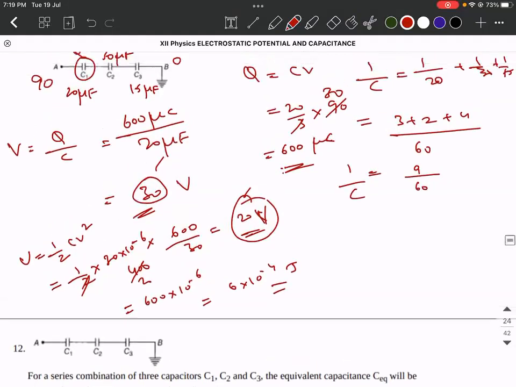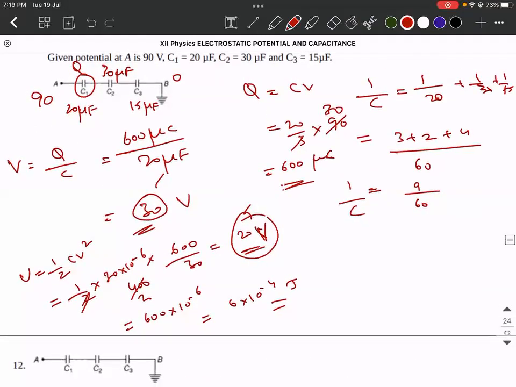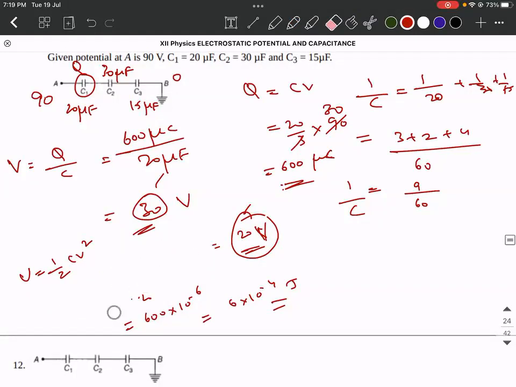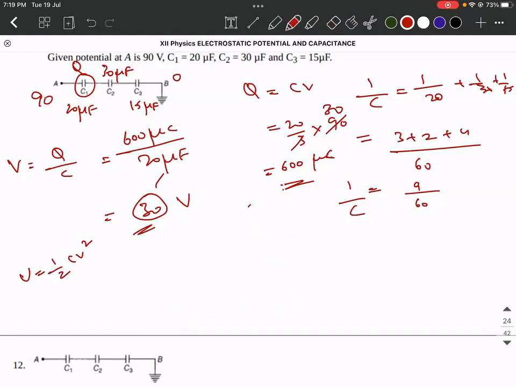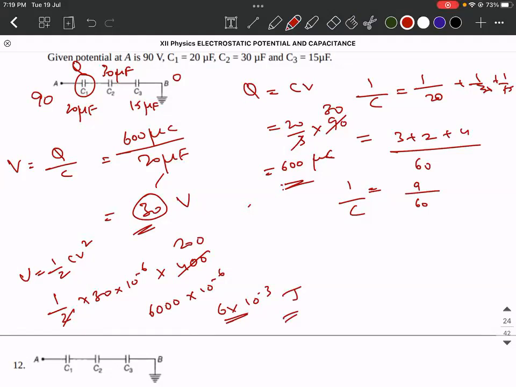Half into 30 into 10 power minus 6 into V square, where V is 20 volt, so V square is 400. Half of 30 is 15, 15 into 400 is 6000, so 6000 into 10 power minus 6, which is 6 into 10 power minus 3 joule. That is the right answer.